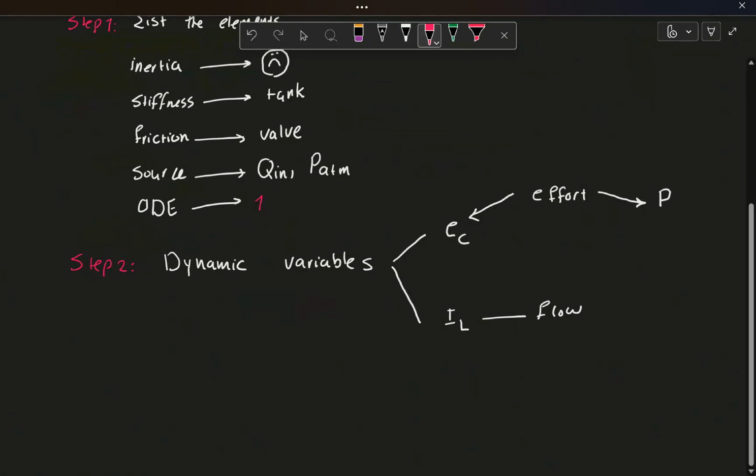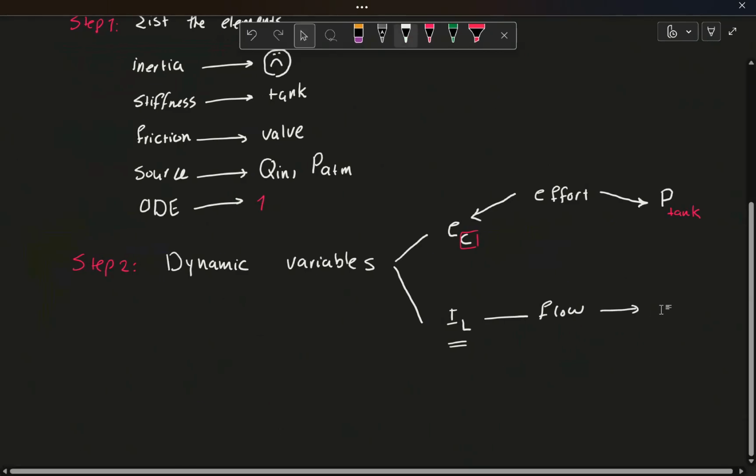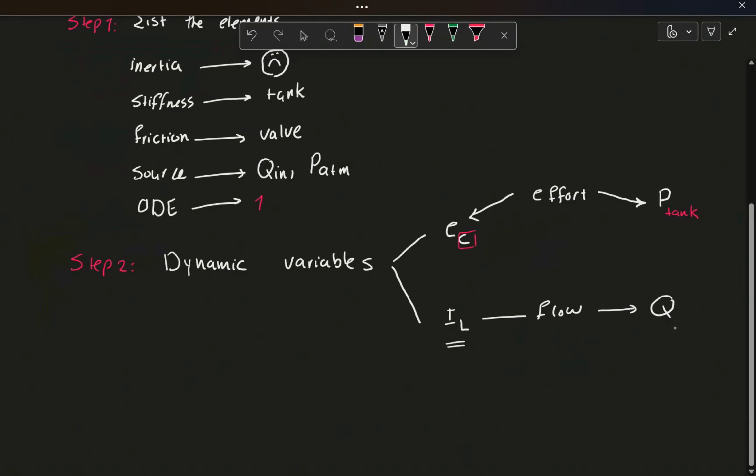And what is the equivalent of capacitor in hydraulic systems? It's going to be the tank. Similarly, here you had the currents in the inductors. Now you're going to have the volumetric flow rate that passes through the inductance.